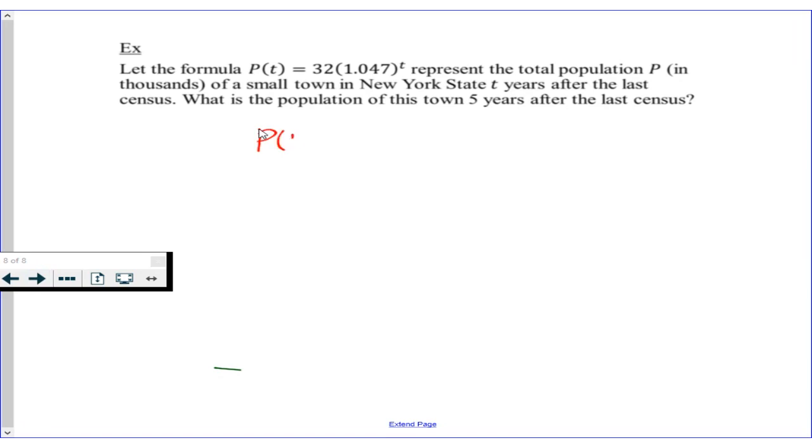So this is basically what you do. We are looking for P(5) equals 32 times 1.047 to the power of 5. After you find this, multiply by 1000 to find the population.